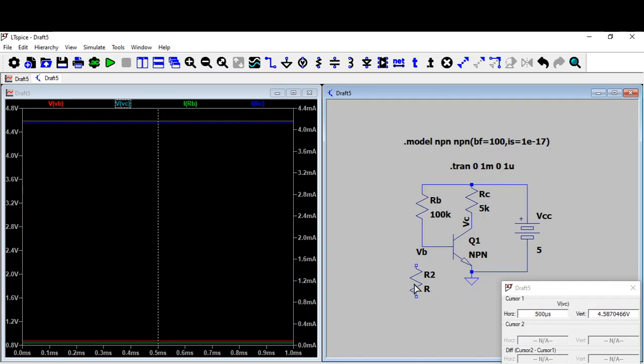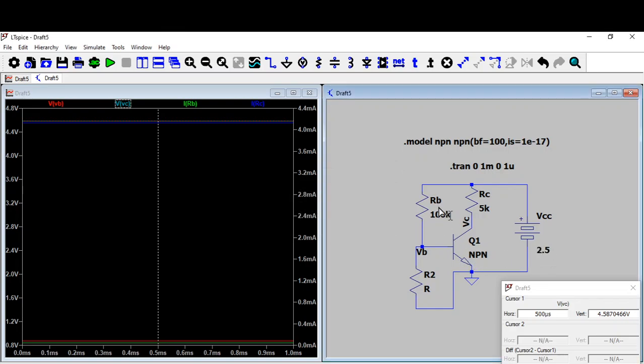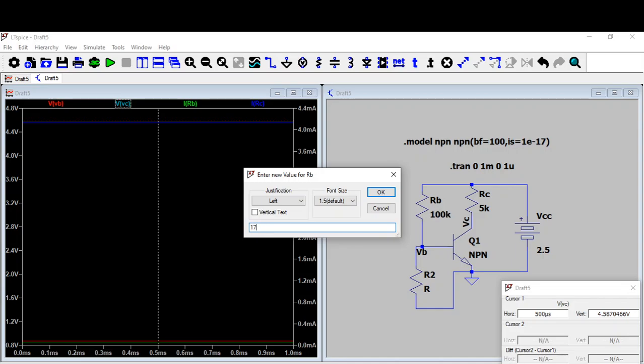Okay, I'll do the wiring. This is going to ground. Okay, this should be 2.5. And this should be 170K.